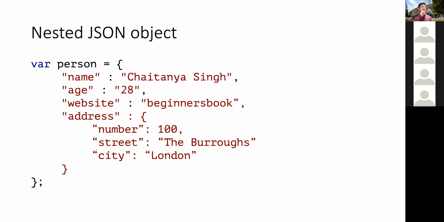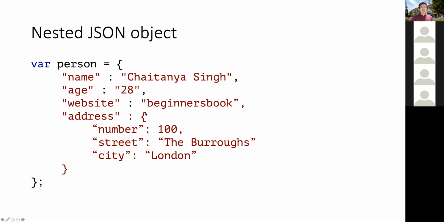Okay, this is the second last slide, and it's probably the most complex one. It's called a nested JSON object. That means inside the JSON object, in this case we call it person, you have the key and value. So the property is name, and the value is this here.